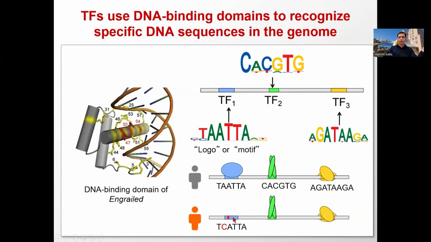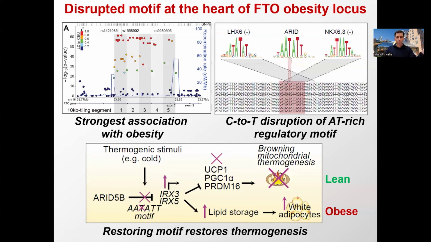Everybody with me here? And in the genetics portion of the class, I'll tell you about this extraordinary example that we uncovered in collaboration with Melina Claussnitzer that basically shows that this conserved regulatory motif is disrupted by a genetic variant associated with obesity. And that leads to an extra 10 pounds in a homozygous adult just by one letter change.